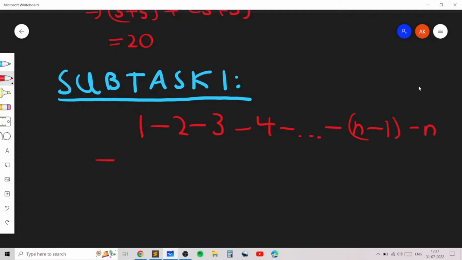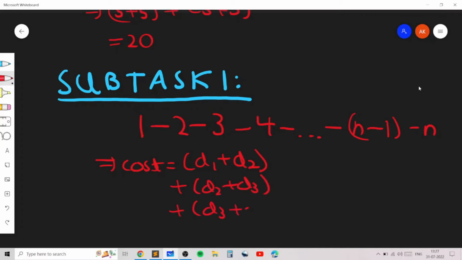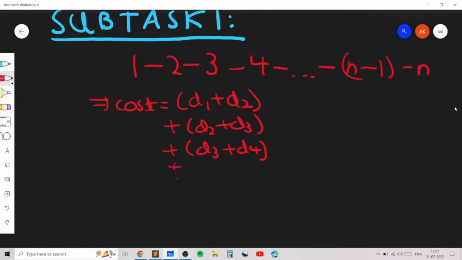So in this case, the total cost will be d1 plus d2, and we know that d1 and d2 are equal, plus d2 plus d3, plus d3 plus d4, and all the way up till dn minus 1 plus dn.